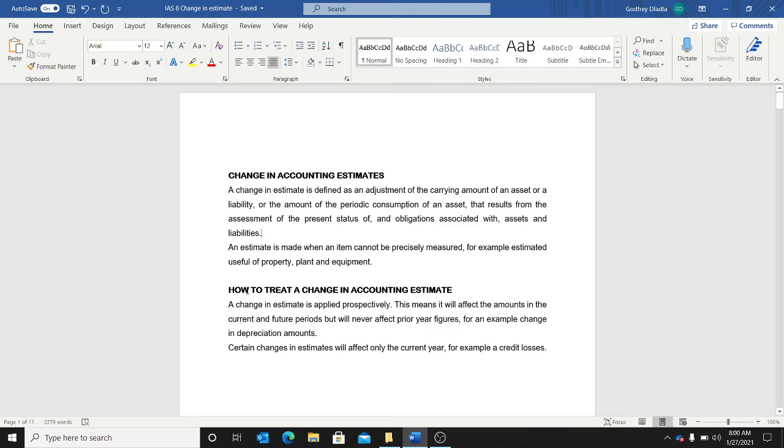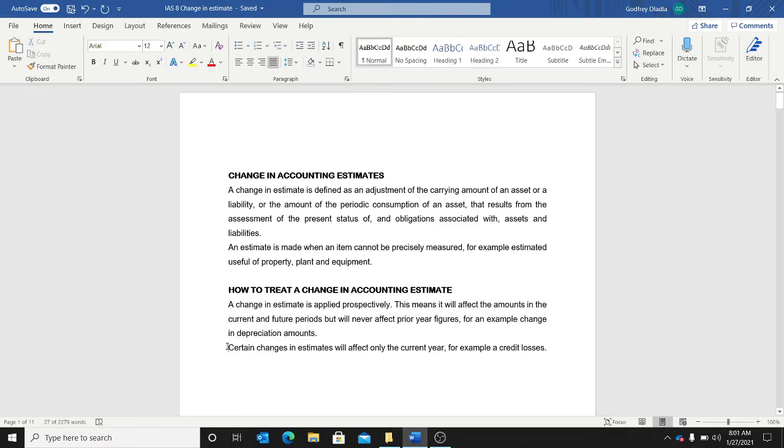A change in estimate is applied prospectively, meaning you will adjust this current year, and then your change must affect the future years. It will affect the amounts in the current year and future periods, but will never affect priors. You don't go back; you do not do it retrospectively.